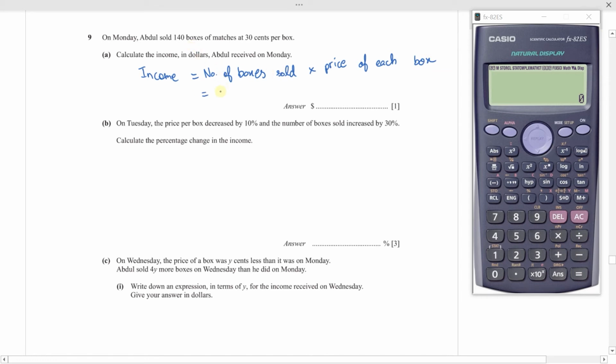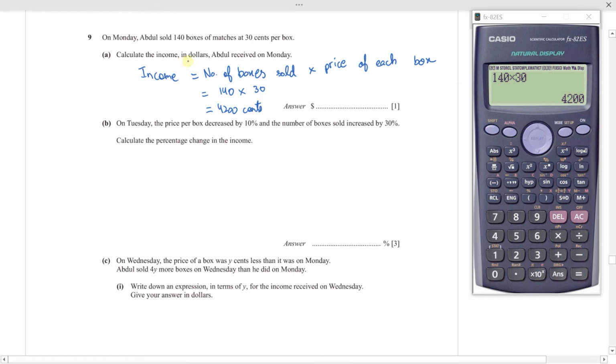So number of boxes sold is 140 multiplied by the price of each box, which is 30 cents. So you will get 140 multiplied by 30, which is 4,200 cents.